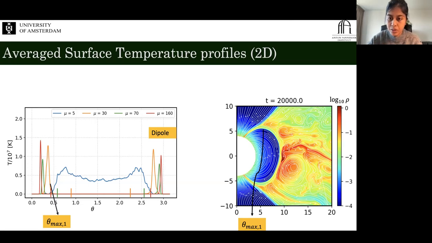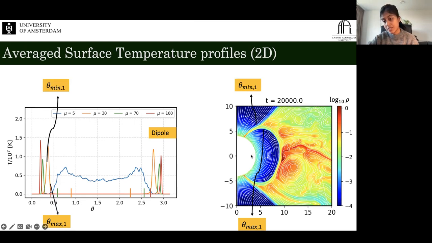Now, let's focus on the other angle. Let's call this theta min 1. If you look at the system from the equator, this theta min 1 angle is the field line that is attached to the disk, the last connected field line to the disk, and it's mainly a disk property.